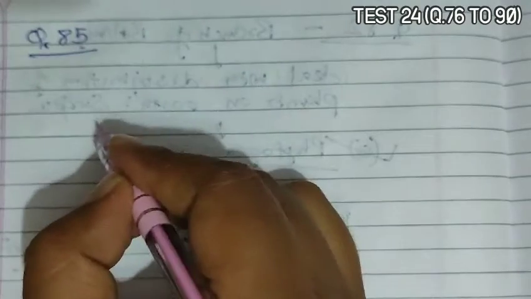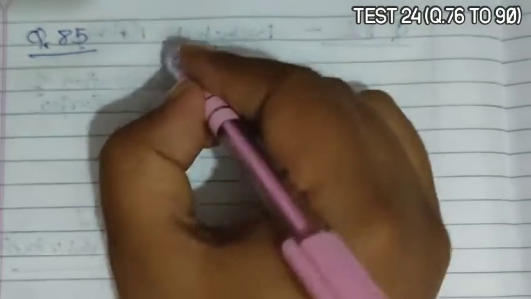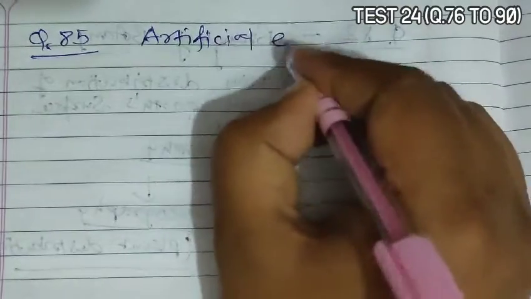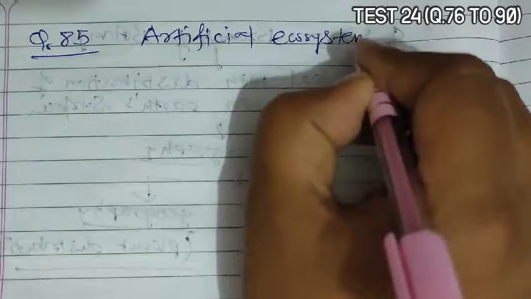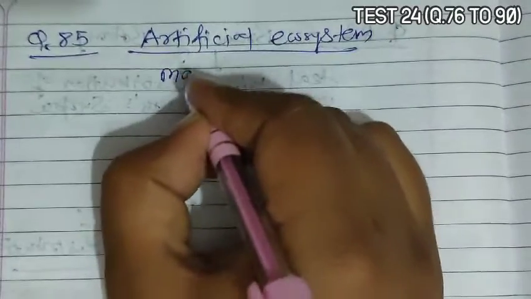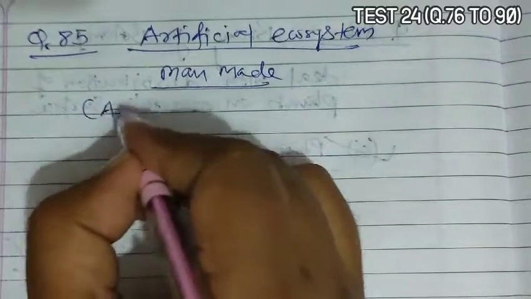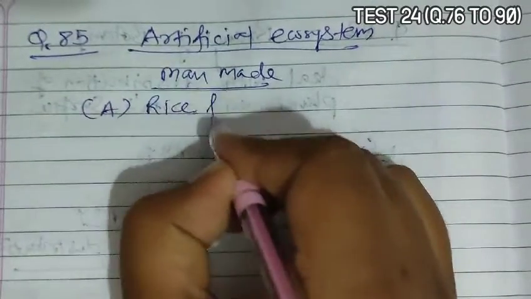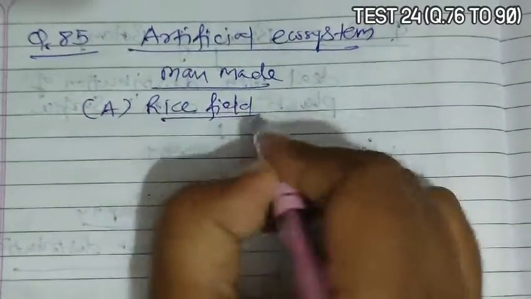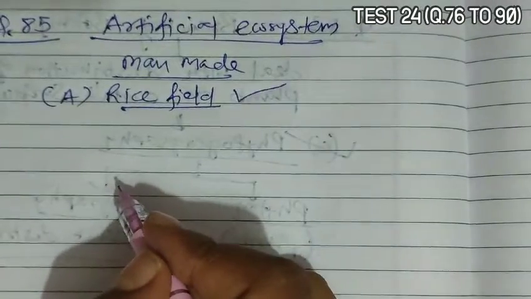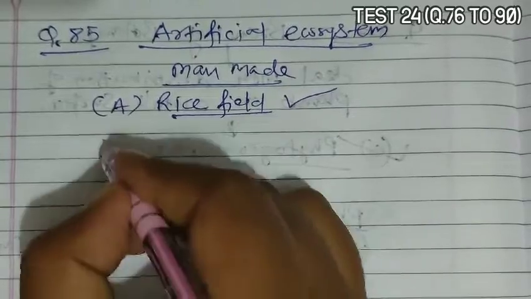Question 85 asks which of the following is an artificial ecosystem. Artificial ecosystem means man-made ecosystem. Option A is a rice field, which is an agronomic ecosystem made by humans, so it is artificial. Option B, forest, is a natural ecosystem.